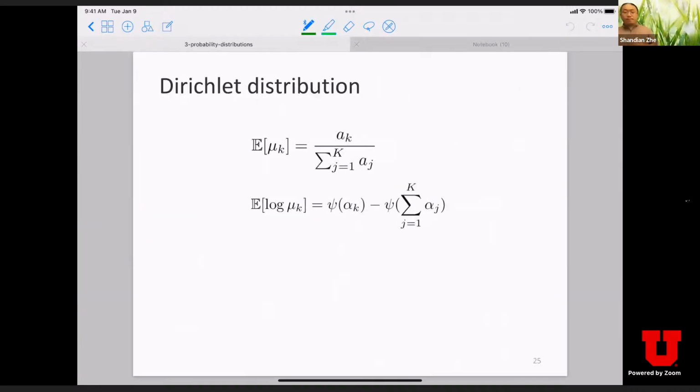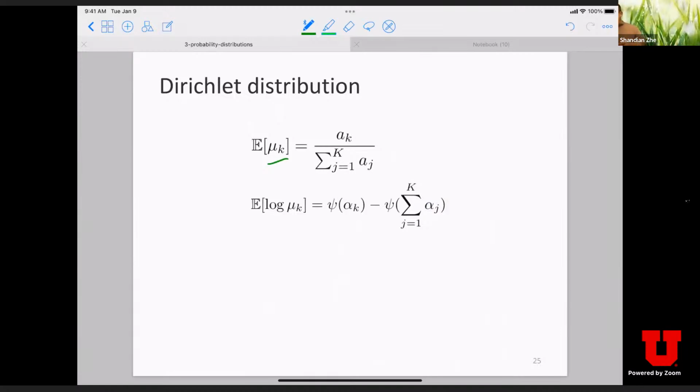And here are some nice properties of the Dirichlet distribution. The expectation of mu k, remember mu k here is a probability between 0 and 1, is alpha k over the summation of all the alpha k's.